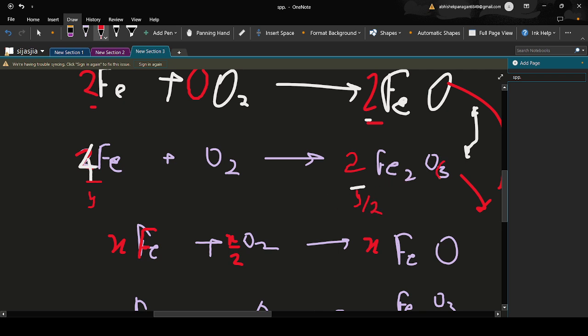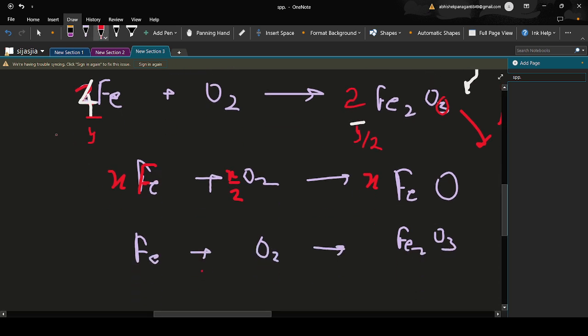Here we already have 3 oxygens, and we need Y by 2 into 3 oxygens on the left side. So you're going to multiply this with 3Y by 4, right? You getting my point? Because we are trying to balance this. So if you interpret, we get this from these two reactions.